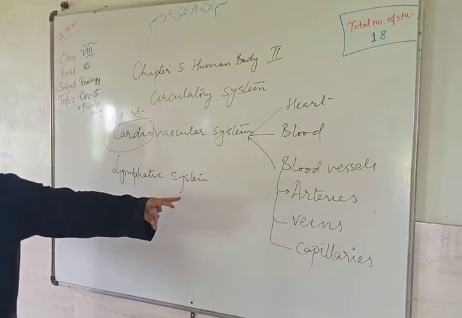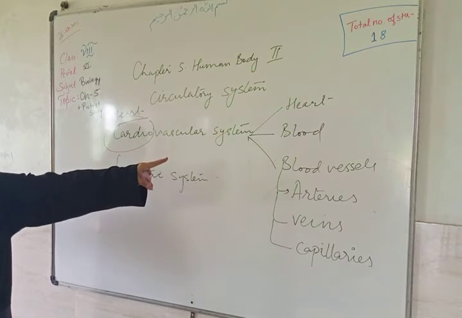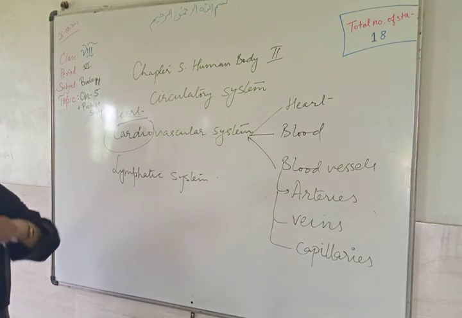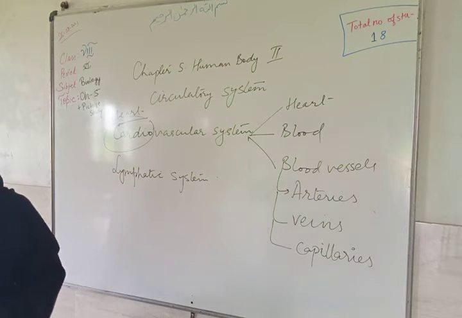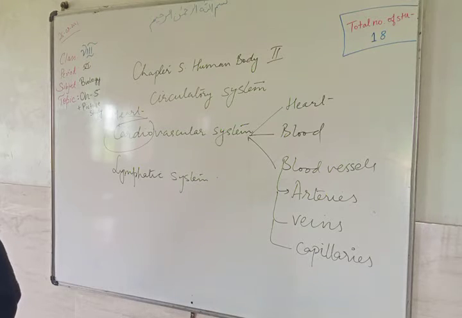What have I written here? What are those things? Be quiet. What are these things? What is related to the heart? Yes, Umra, muscular system? I have not asked you to raise your hand, and don't pressurize me.